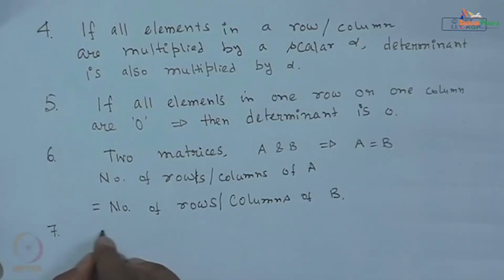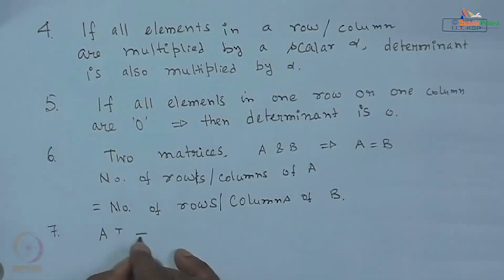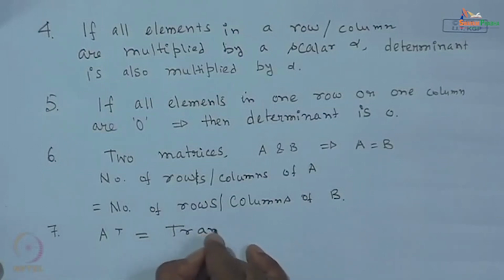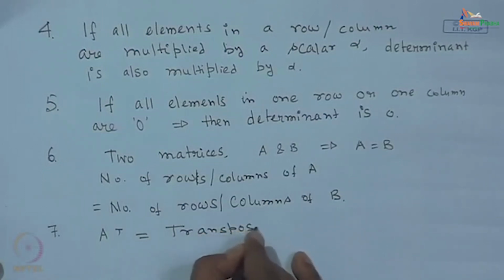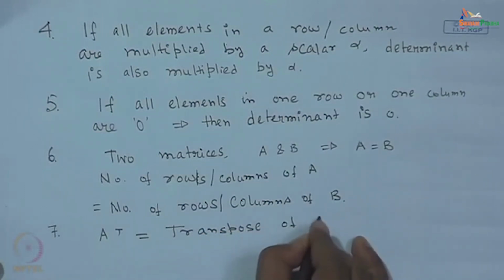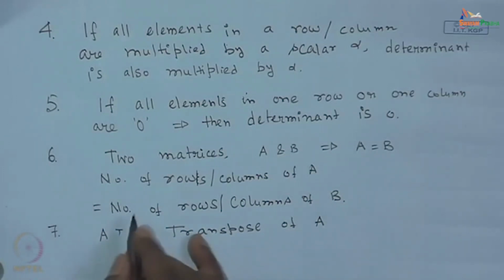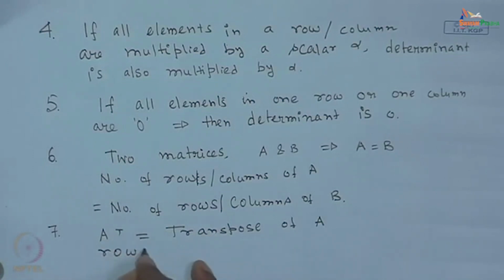Next one is A transpose. The notation is A superscript T, which represents the transpose of matrix A. This simply says that rows of A are interchanged with columns of A transpose, or the other way around, it does not matter.